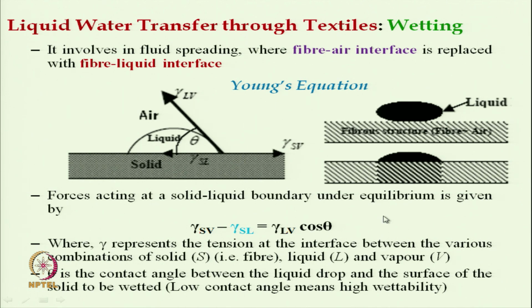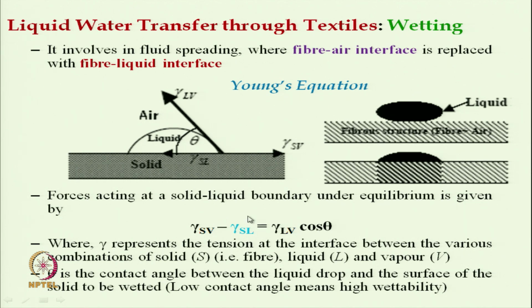So, it is balanced. Now, here we must have reduced gamma SL, the surface tension between the solid fiber and the liquid should be as low as possible, so that theta, this contact angle, reduces.